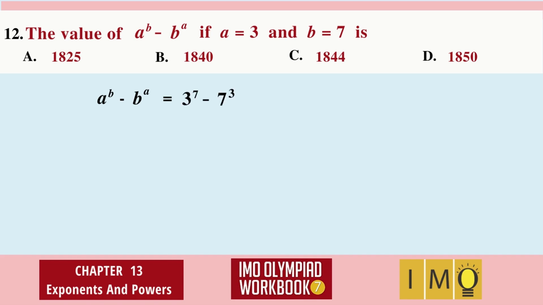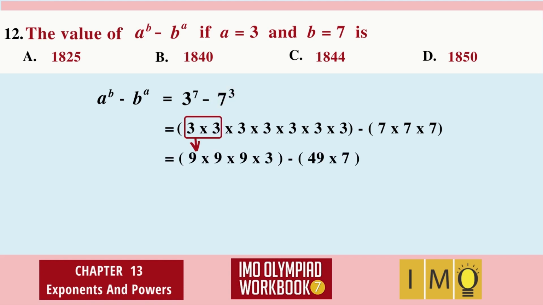So we have 3 to the power of 7 minus 7 to the power of 3. 3 to the power of 7 is 3 multiplied 7 times and 7 to the power of 3 is 7 multiplied 3 times. For easier calculation, we can group and multiply.